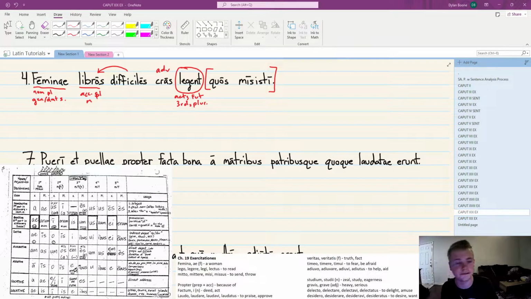So es on the end here gives us either nominative plural or accusative plural. We're next to an accusative plural. And that's it. So, writing this out, I think we're going to pick up our subject as feminae, taking the nominative plural, since we have a plural verb, and it's at the start of the sentence. So, the women, what are they doing? They will read, active, tomorrow.